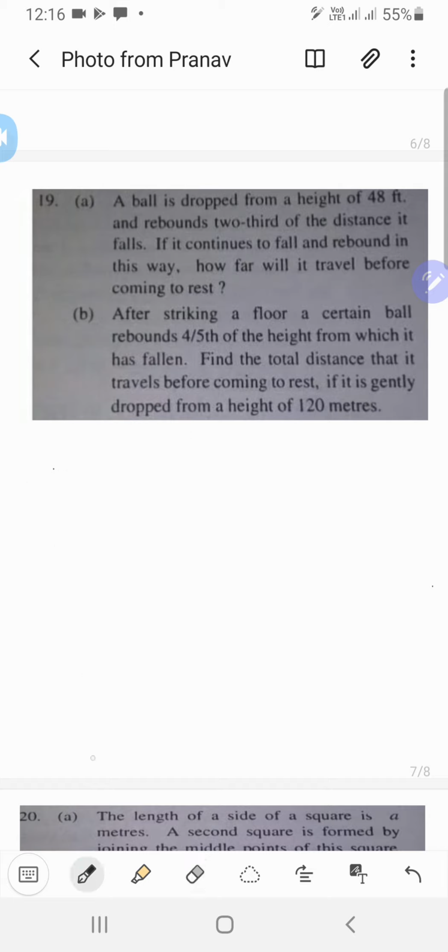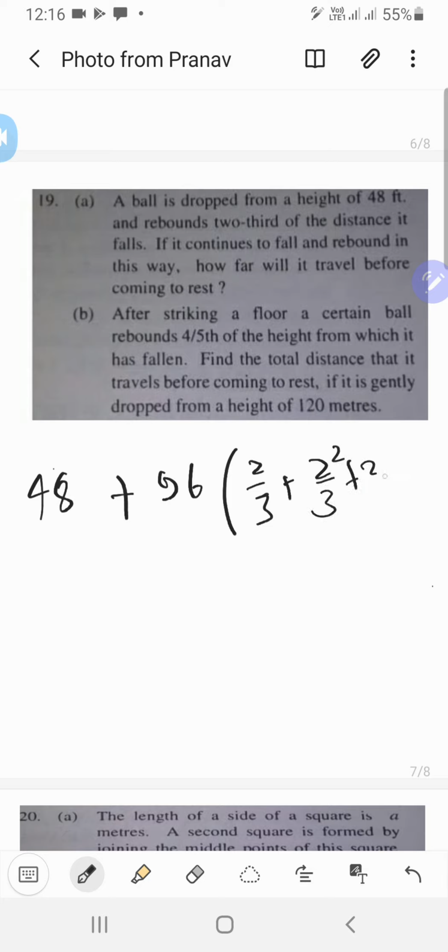This is going to be 48 plus, what's 2 times 48? That is obviously just 96 times 2/3 plus 2/3 squared plus 2/3 cubed, and it keeps going like that.